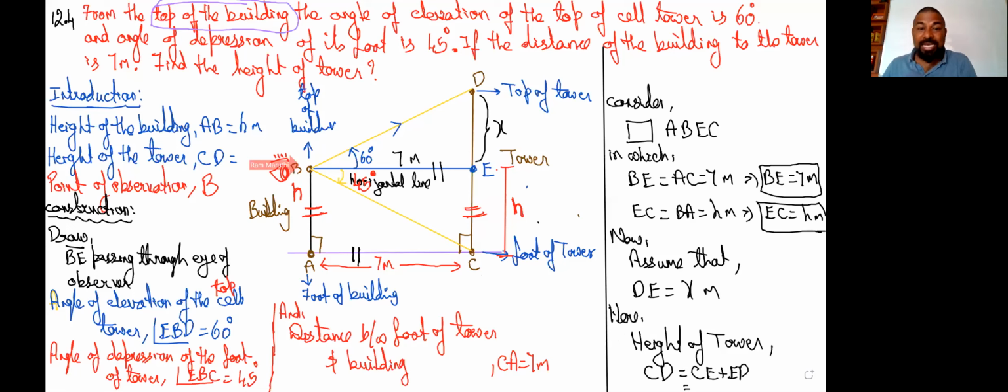Obviously, CE we called H meters and ED we just labeled as X. That is what the question asks: we are supposed to find the height of the tower. So we need to know the value of H and the value of X. If you know both values, add them up, you'll get the height.